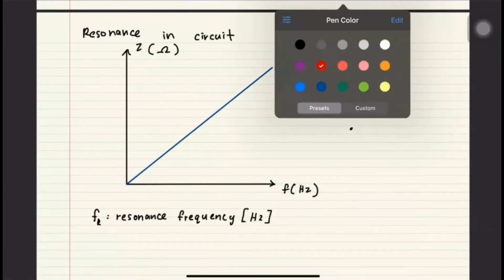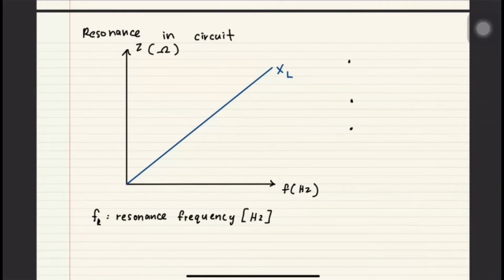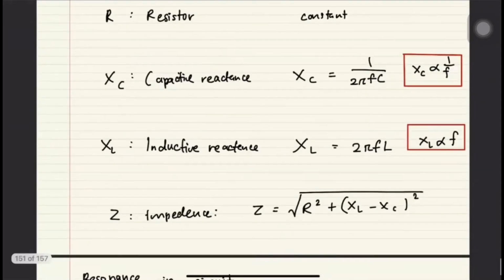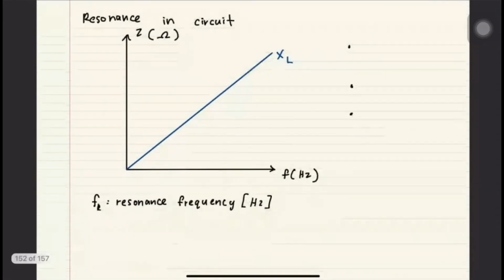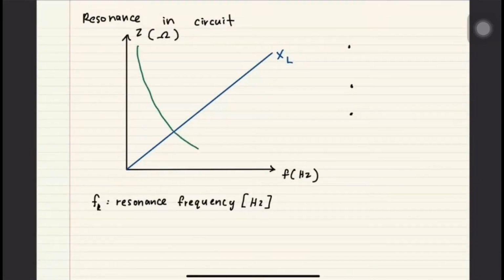And then for XC, dia adalah 1 over F. This one. Okay, so kalau 1 over F, dia actually adalah curve. So it looks something like this. Okay, so this one is for your XC.